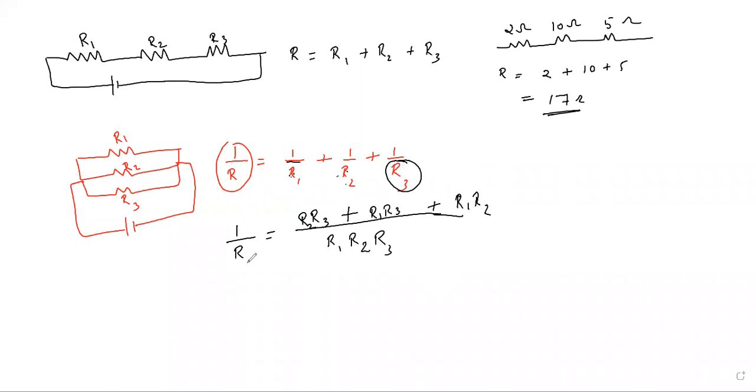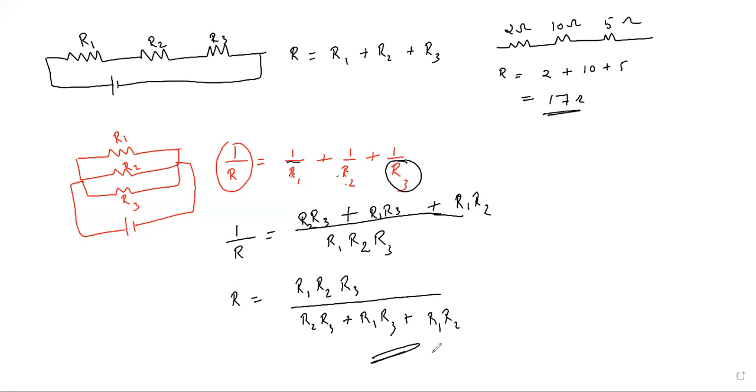So this is 1 by R. Then how do we get R? R is equal to the reciprocal, that is R1, R2, R3 divided by R2, R3 plus R1, R3 plus R1, R2. Clear?